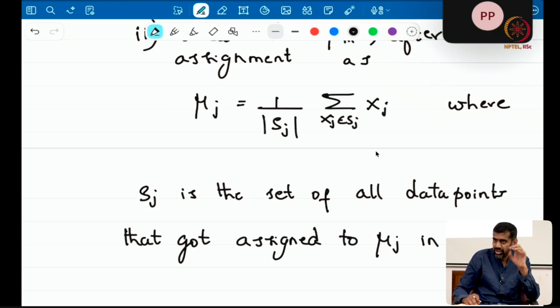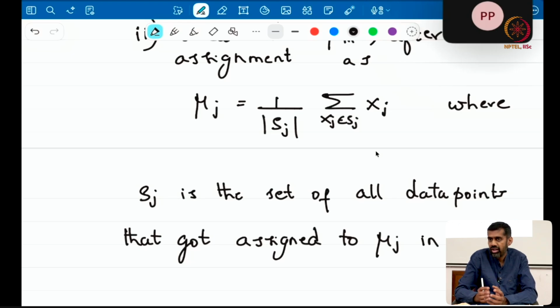Start with random initialization. In the first step, assign each of the data points to one of those M means by looking at what is the closest to that data point, and once you have it, you have one assignment. Now update by taking the mean over all those data points that are assigned to a particular mean.